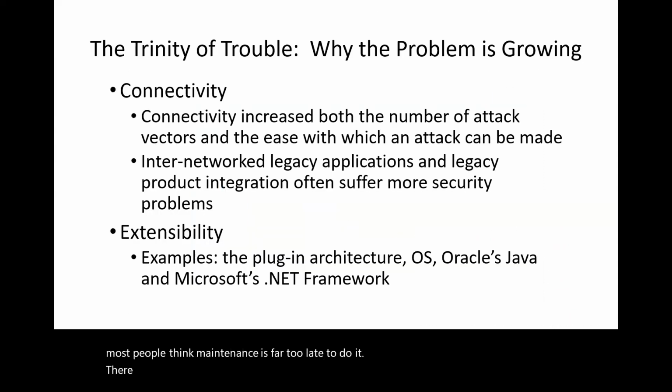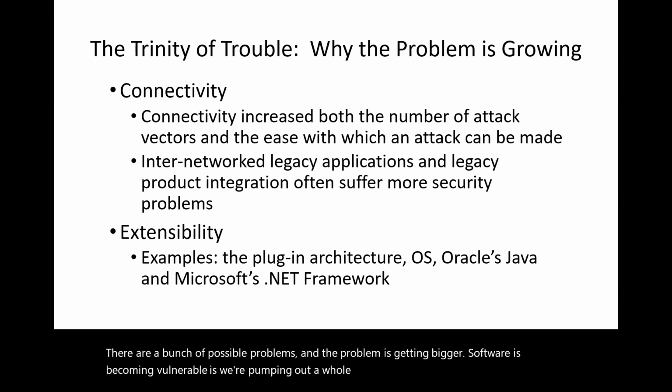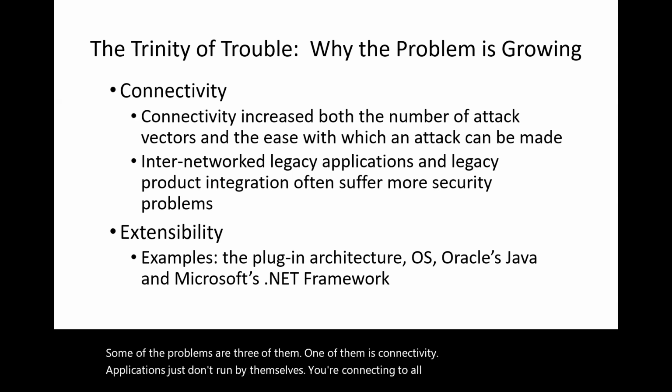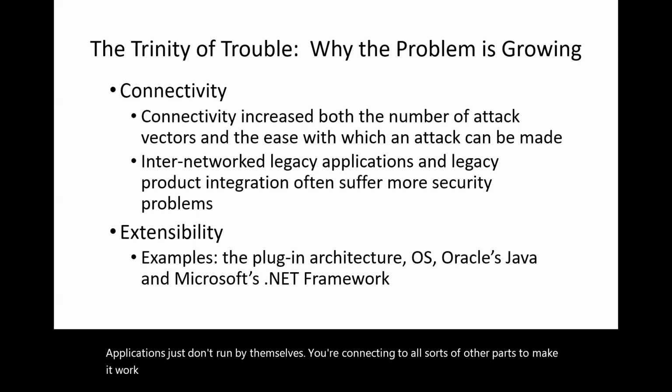There are a bunch of possible problems, and the problem is getting bigger. Software is becoming vulnerable because we're pumping out a whole lot of it. Some of the problems, three of them here. One is connectivity. Applications just don't run by themselves. You're connecting to all sorts of other parts to make it work, connecting to earlier existing systems, and trying to make all these work.